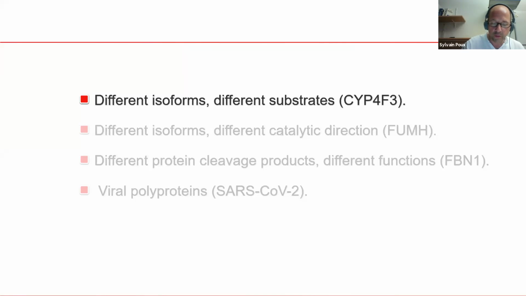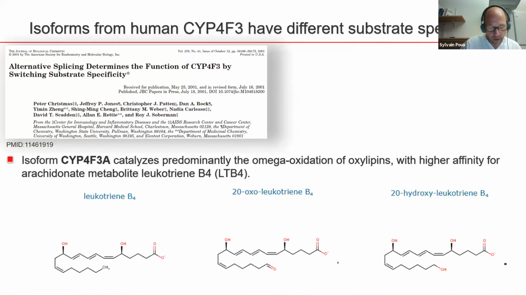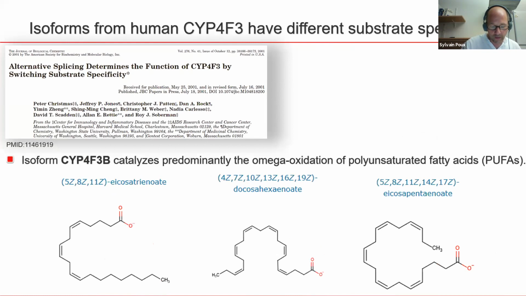As shown by the human CYP4F3, different isoforms can have different substrate specificity and catalyze different enzymatic reactions. For example, isoform 3A catalyzes predominantly the omega oxidation of oxylipins and displays higher affinity for leukotriene B4, while isoform 3B mainly catalyzes the omega oxidation of polyunsaturated fatty acids.